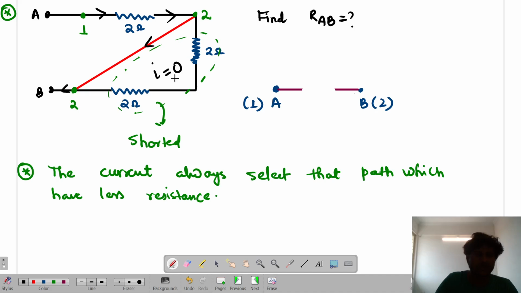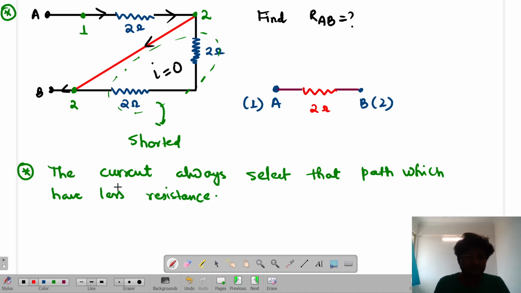So in this region, the current is how much? 0. Therefore, the only resistance between A and B is just how much? 2 ohms. Are you able to get me or not? So in that 2 ohms and 2 ohms, there is no current. This is called the major impact of a conducting wire.